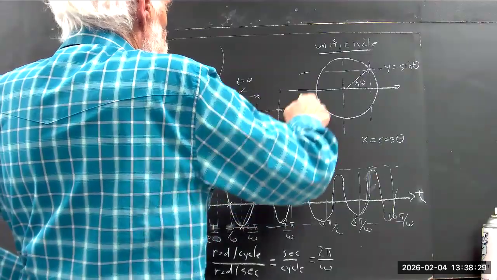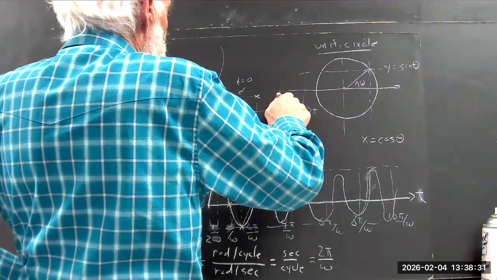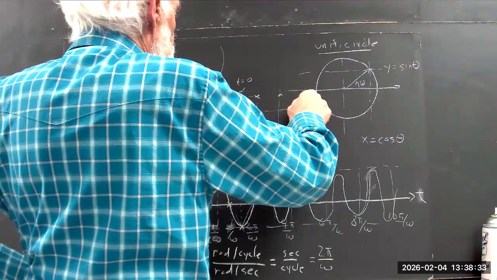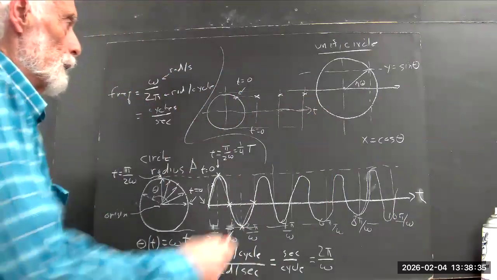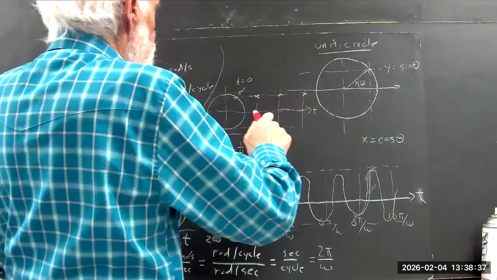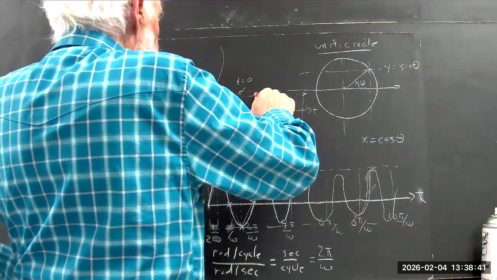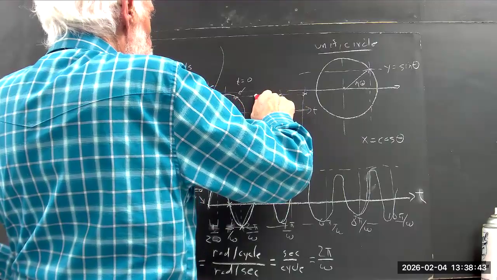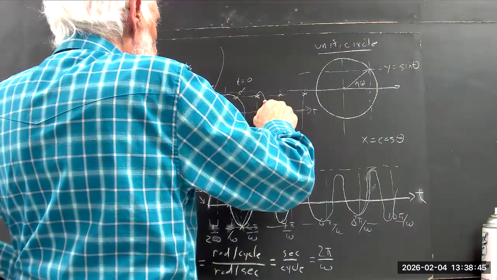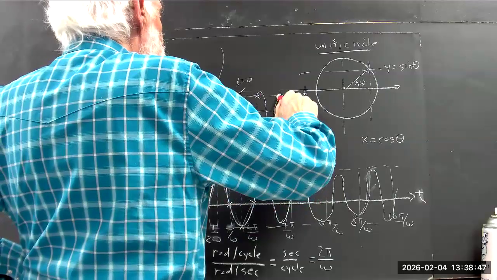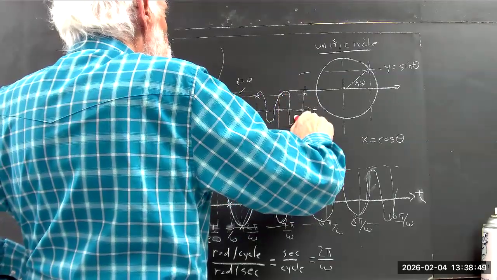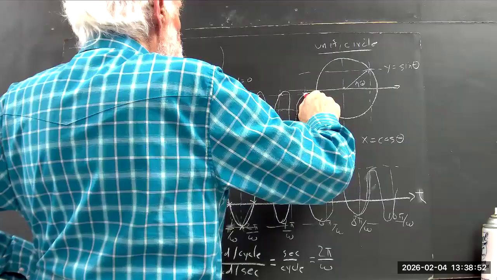Then we can divide this into quarter cycles, do a couple of them. And I'm going to be here after another quarter cycle and here after another quarter cycle, right? And I'm going to have to go through a whole cycle between here and here. I'm not going down far enough, and it's not quite right.